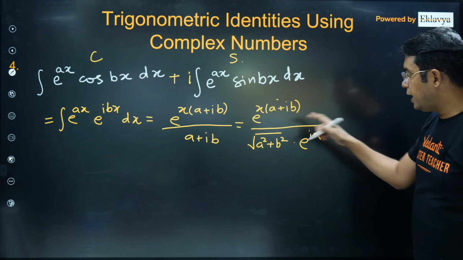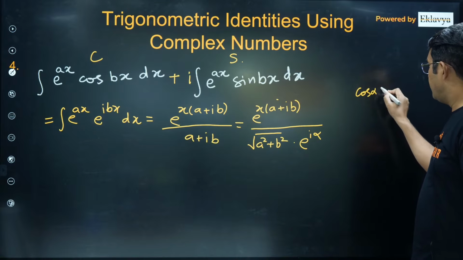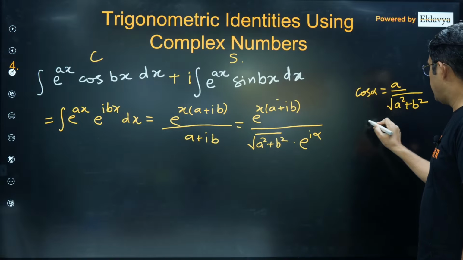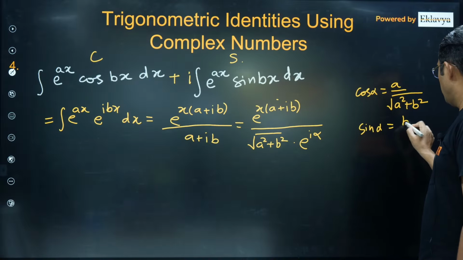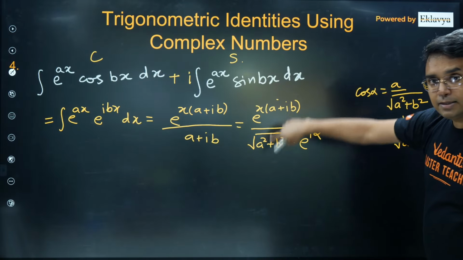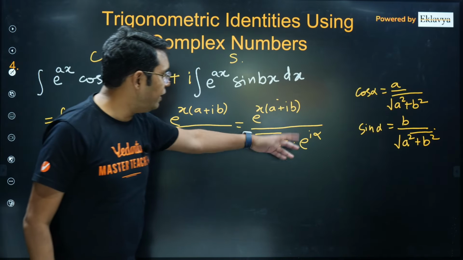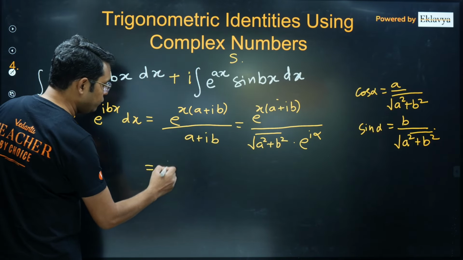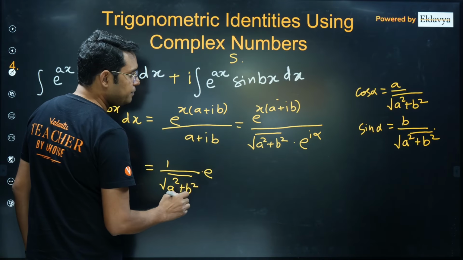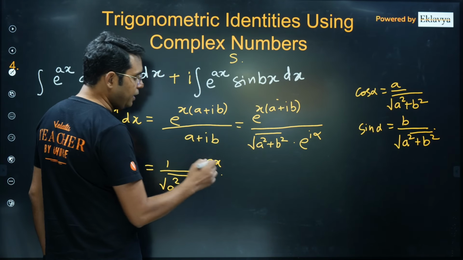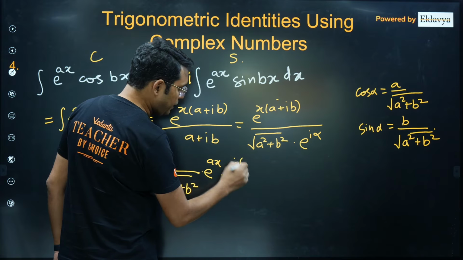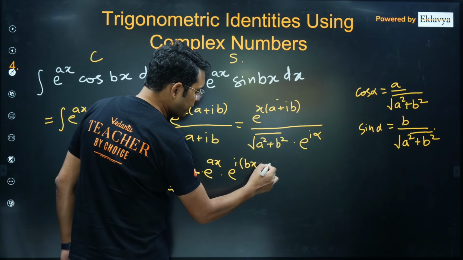So if alpha is the argument, that means cos α will be equal to a upon root over a squared plus b squared, and sin α will be equal to b upon root over a squared plus b squared. I will take this in the denominator directly because that way it will be easier to do. So this becomes equal to 1 upon root over a squared plus b squared into e^(ax), which we can write separately, and the portion where iota is there in the power we can write separately. So e^(i(bx - α)).